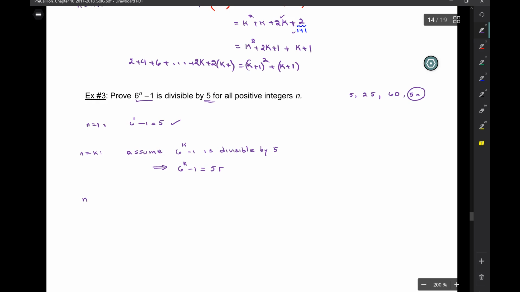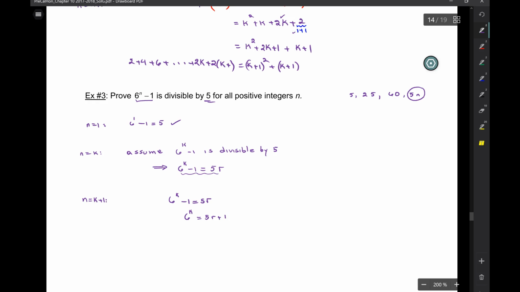Now let's take a look at what n equals k plus 1 would look like. How would that look? We're going to take this and copy it here, and solve it for 6 to the k.